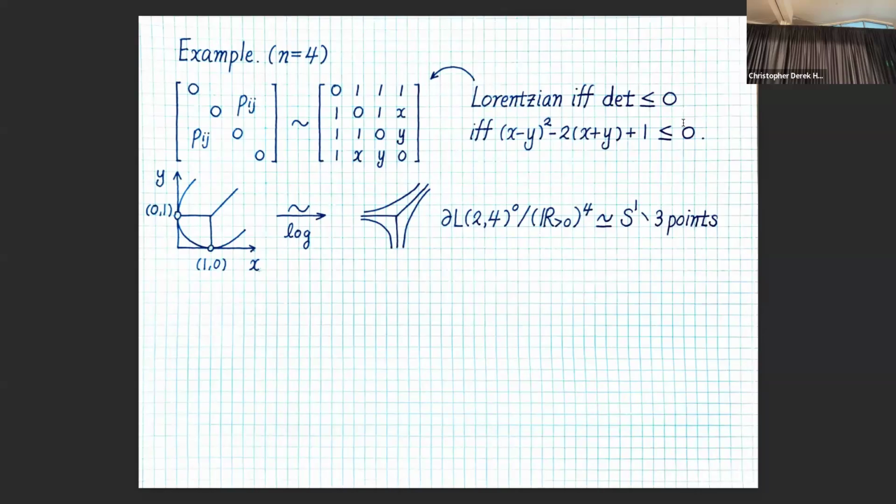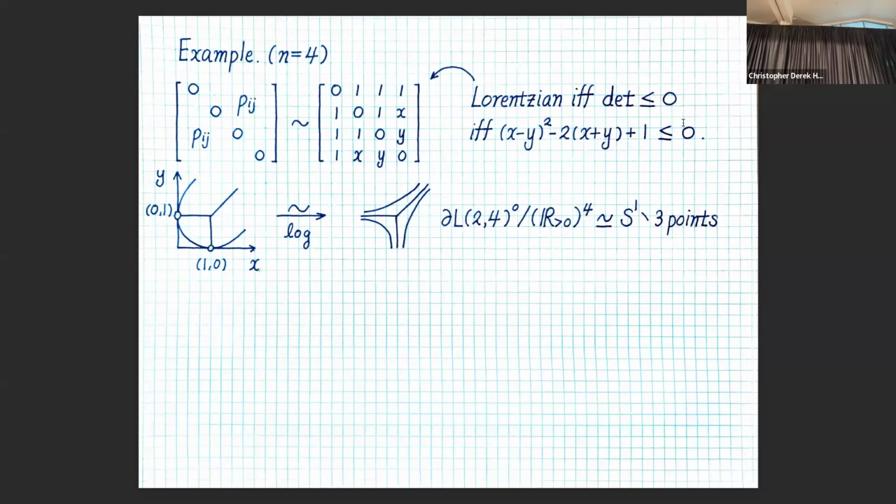These x and y, if you work out explicitly, you will notice are the so-called cross ratios of the P_ij's. And you can compute the determinant and check that such a matrix is Lorentzian if and only if the determinant is non-positive, and that determinant is (x - y)^2 - 2(x + y) + 1.